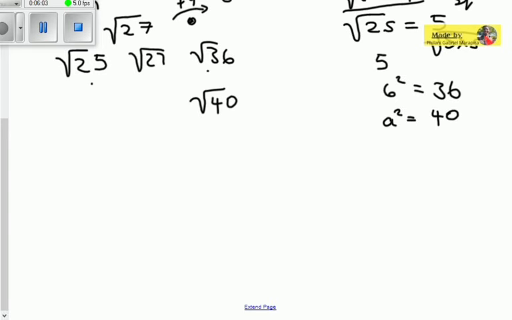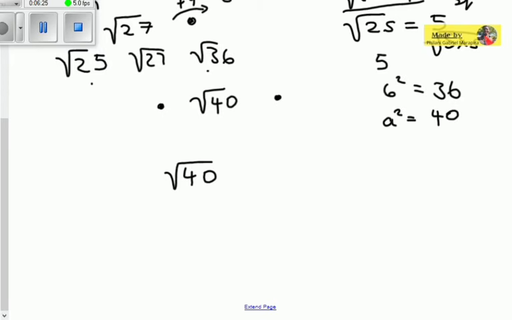Therefore, you have to classify this surd in between two perfect squares. So in this case, you have to just write down your root of 40.